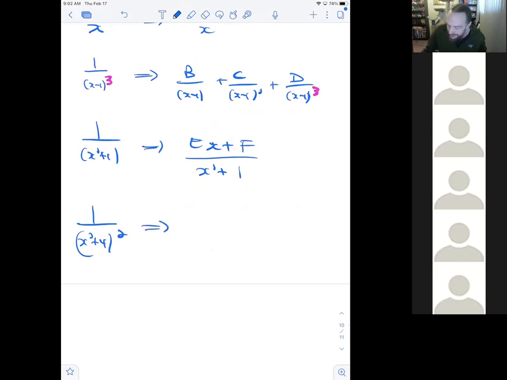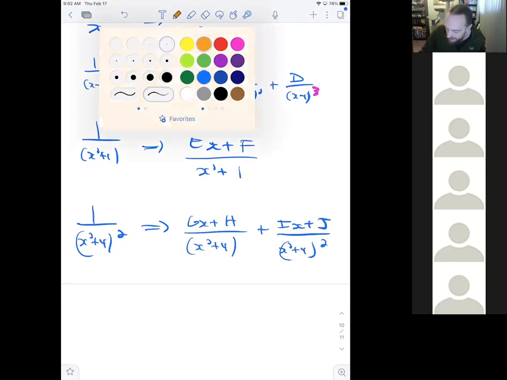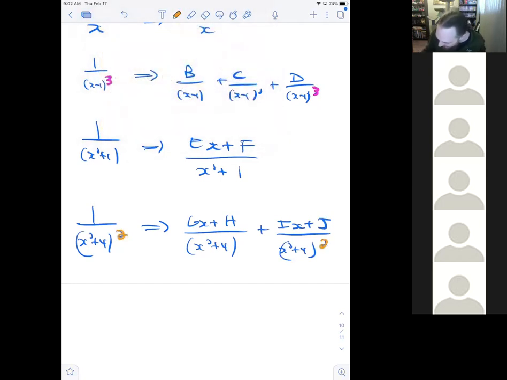Now I'm going to have to guess gx plus h over, I'm just going through the alphabet, these are all just numbers that we're going to find eventually too, over x squared plus 4, and then plus ix plus j over x squared plus 4 squared. And then again, it's because I had the power 2. That's when I stop. So if it's irreducible quadratic, you do linear terms over those powers until you get to the highest power that you had.